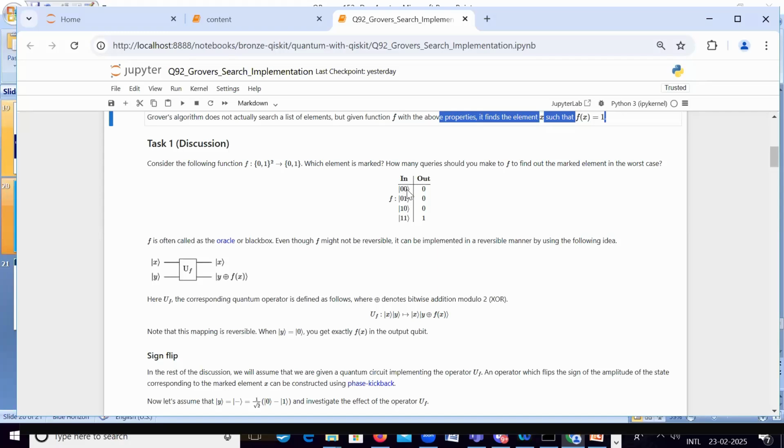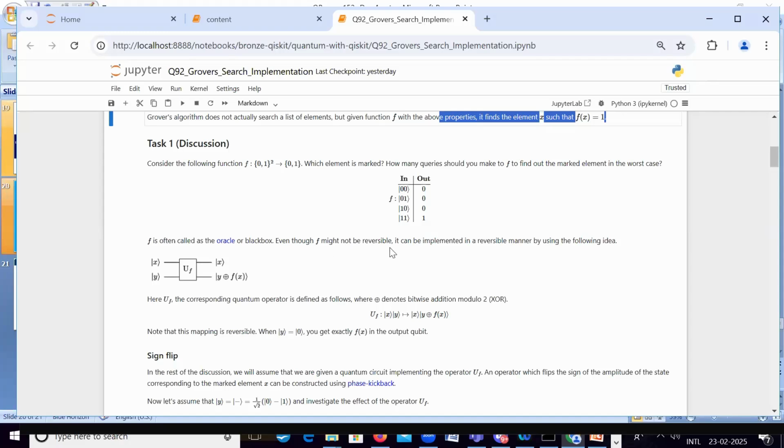In this case, two qubits are there: 00 initially, then the states 01, then 10, and the fourth one is 11. F is also called the oracle or the black box because nothing is known to the system at the beginning.